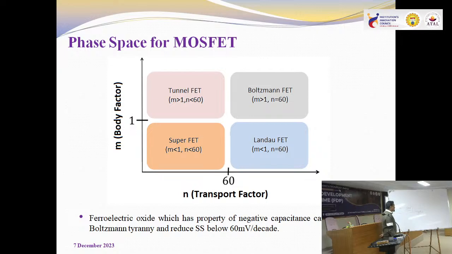So what I have done: there is a material known as ferroelectric oxide, known for providing the property of negative capacitance. So if I am able to make this oxide capacitance negative, this factor goes less than 1.